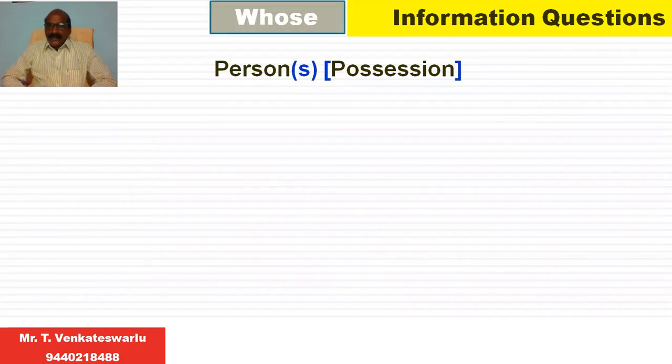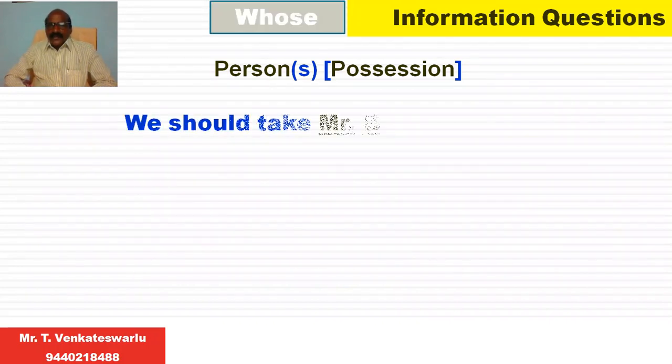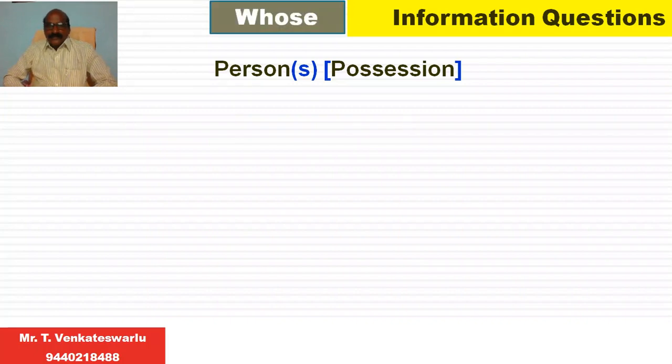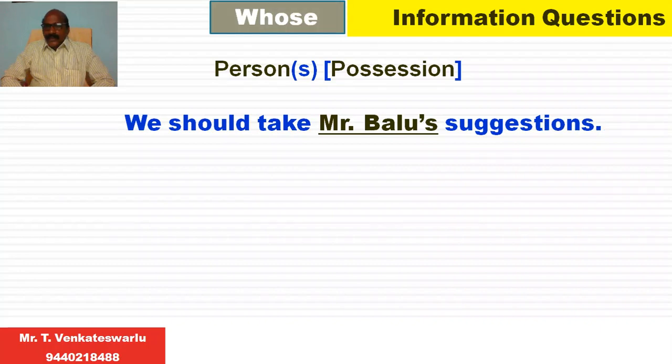Instead of asking whose is this factory. And our next example, we should take Mr. Balu's suggestions. Here also, first we should change it into a yes or no type question by inverting the subject and the verb.